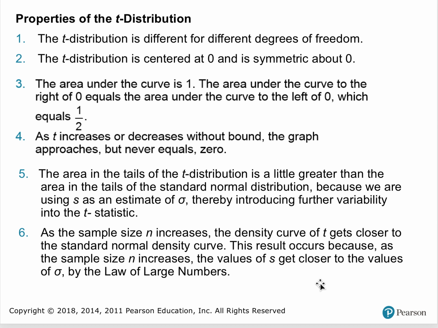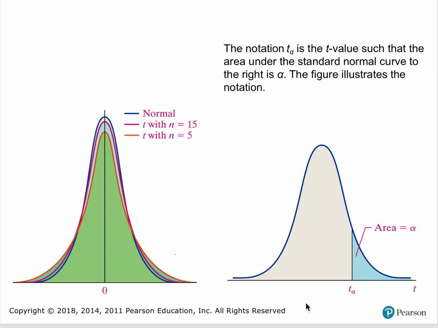All right, so here is a t distribution for a sample size of n equals 5, n equals 15, and the standard normal. So the blue one, they're saying, is the standard normal curve.